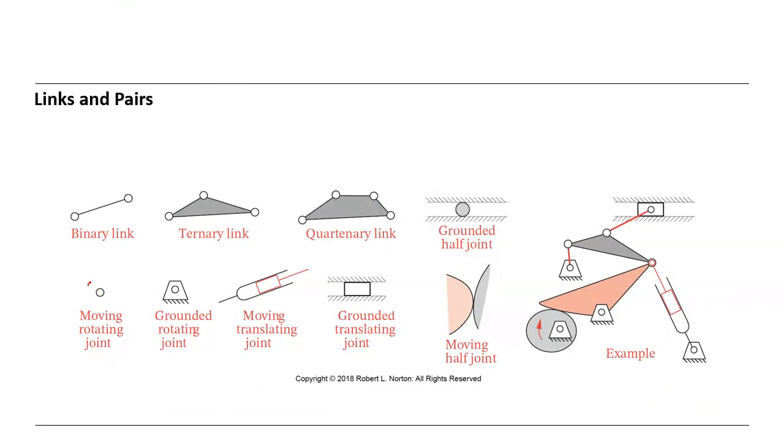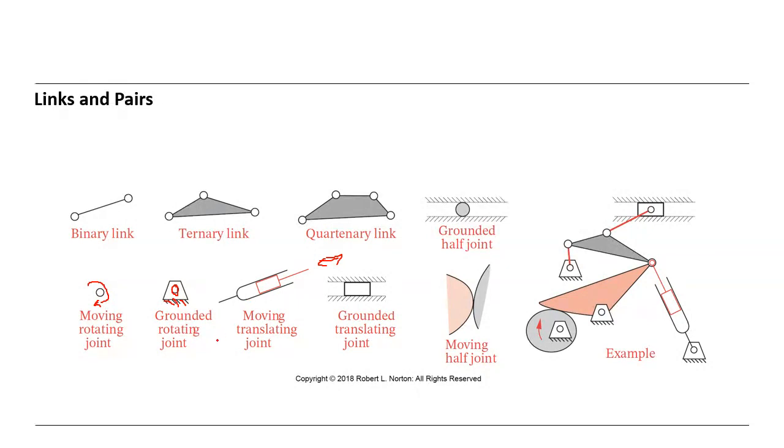This is the moving rotation joint here. And this is the grounded rotation joint. This is moving translating joint. That means motion in that direction.